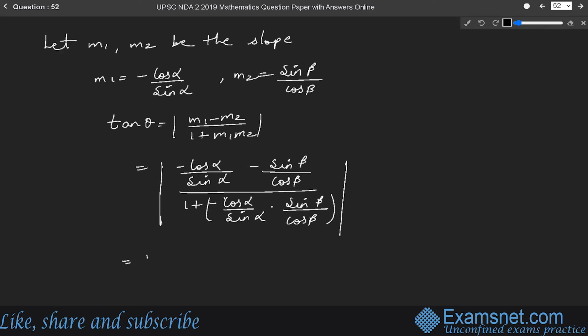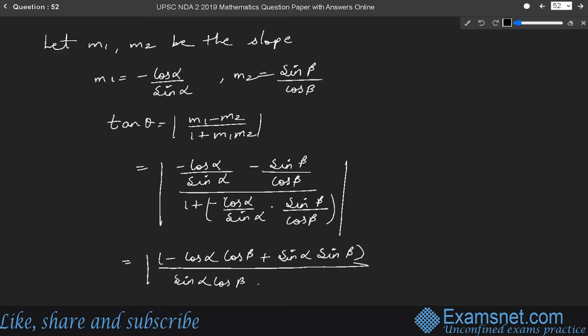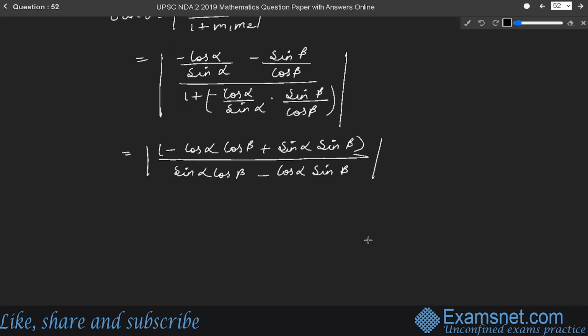So this will be equals to modulus of minus cos alpha cos beta plus sin alpha sin beta divided by sin alpha cos beta minus cos alpha sin beta. So we can say that this is the formula of cos A minus B and sin A minus B.